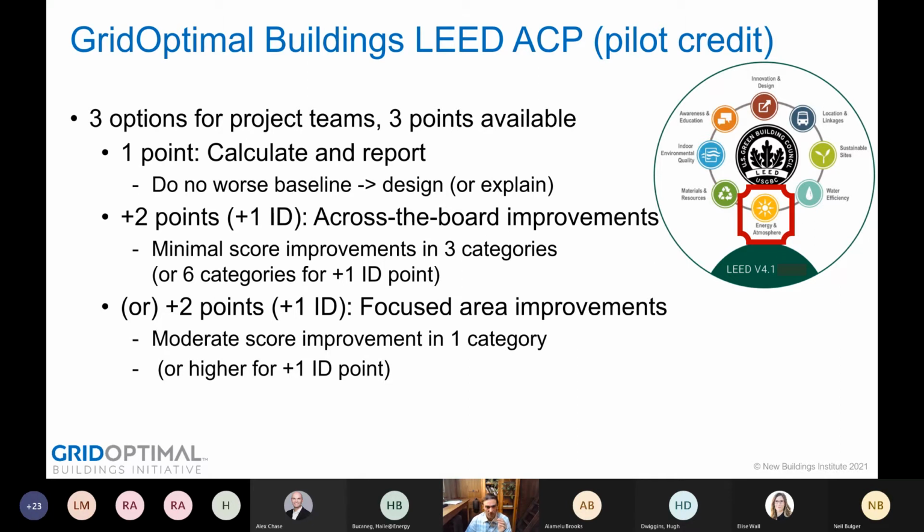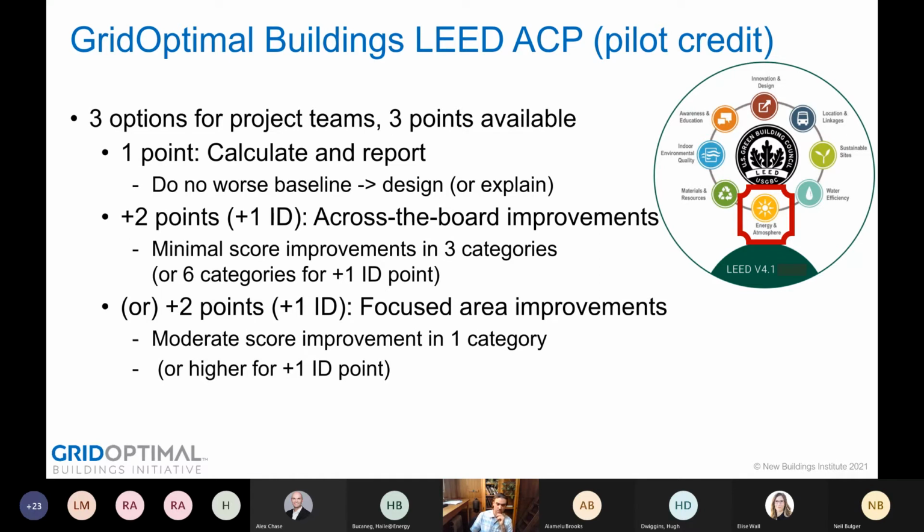One is sort of the jack of all trades, relatively modest improvements in outcomes across multiple metrics, or across all the metrics if you want to really go deep. Or you can kind of focus in on one area in which you say, well, look, we're going to really nail it on aligning our building's load shape with the carbon profile on the grid, and we're going to improve that significantly. If you do so, then you can get 2 or up to 3 points. So it's basically a couple ways to do this.